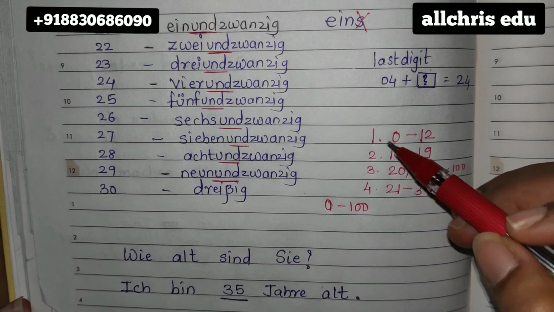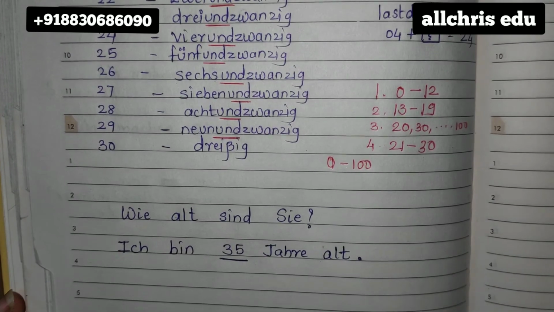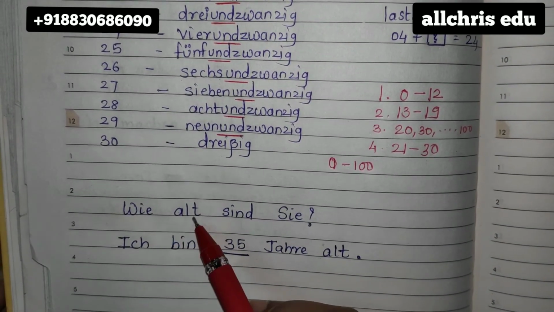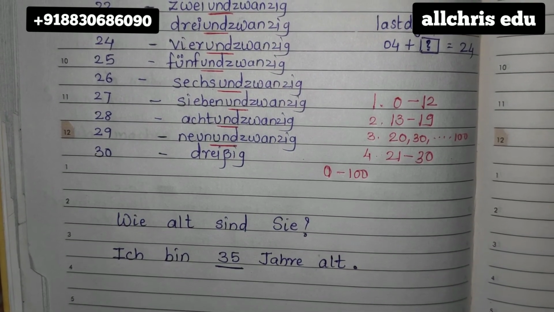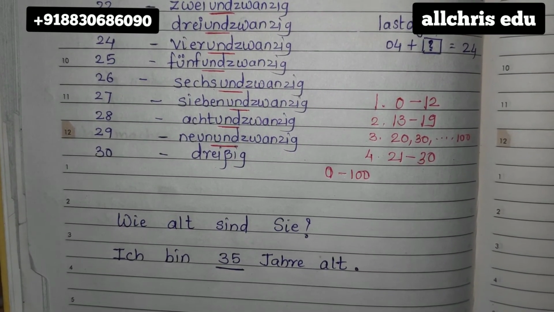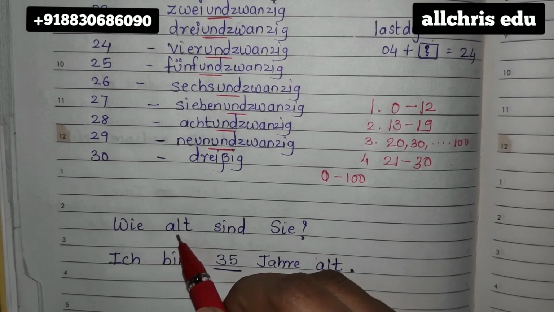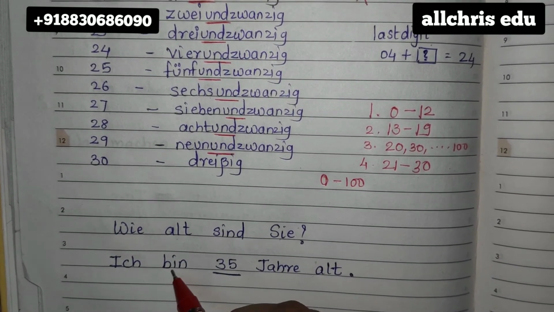Now, if you know from 0 to 100, of course you can tell your age. Wie alt sind Sie? Coincidentally, the English question is the same as German in this context. Wie alt sind Sie? How old are you? Ich bin, I am.